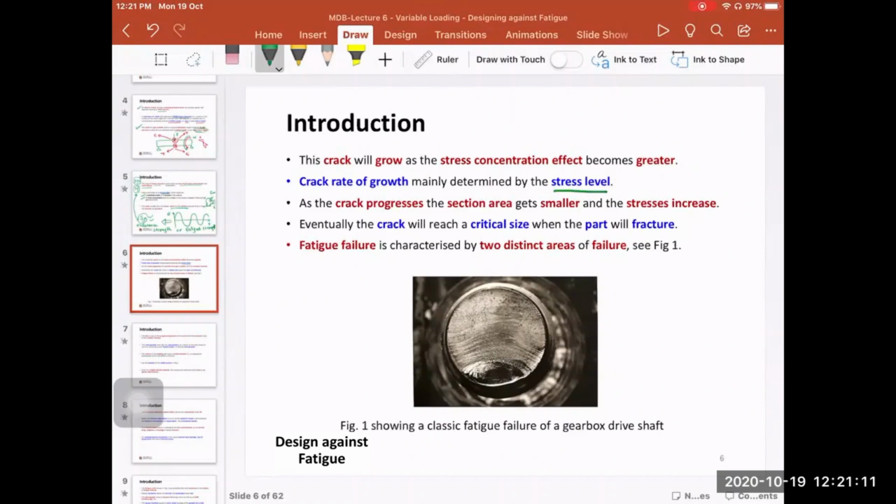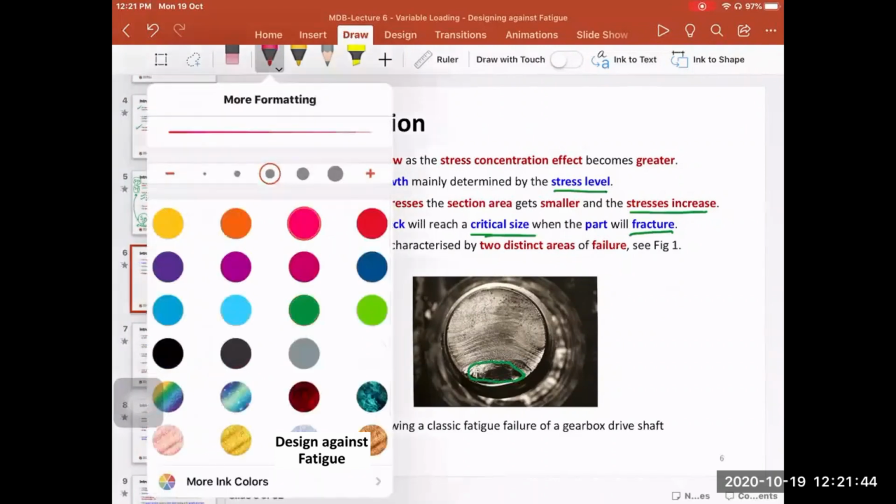And when the cross-sectional area becomes smaller, you have less area to carry the load, which means that the stress is going to be higher. And then eventually the crack will reach what's called the critical size. Once the crack reaches a critical size, the part is going to fracture. So we have two distinct areas here. As you see here, maybe it's obvious, this is one area, and this is the second area here.